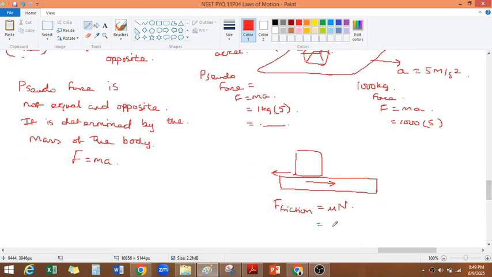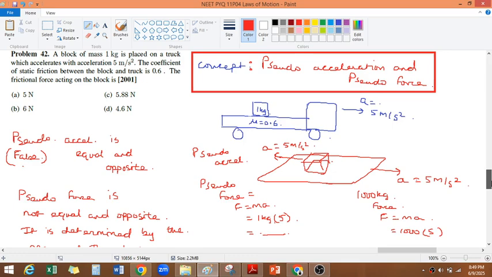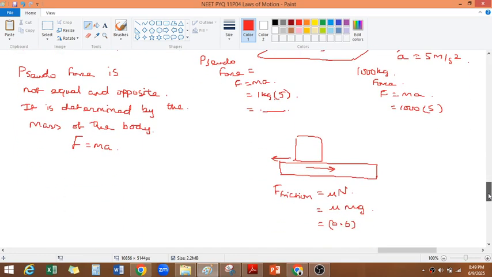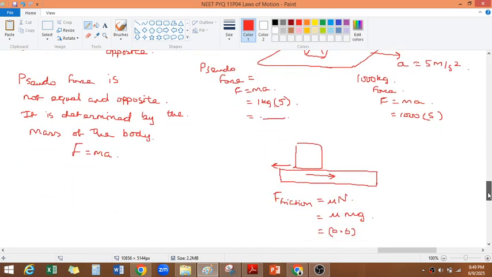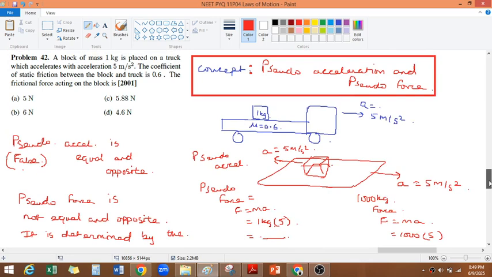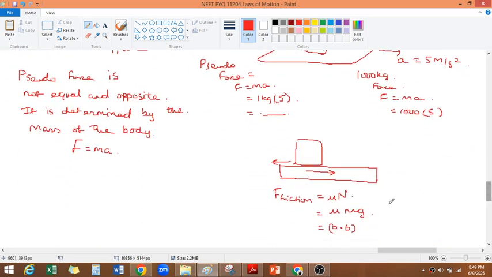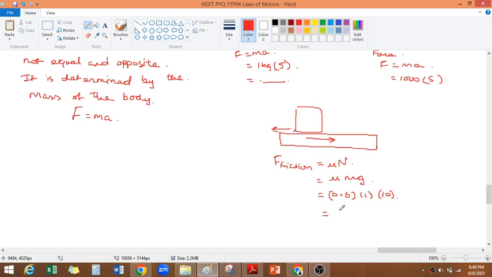F friction is equal to mu into N, so mu into mg. Mu is 0.6. Mass is 1 kg, g is 10, I can take it as 10. That means it will be 6 Newton.